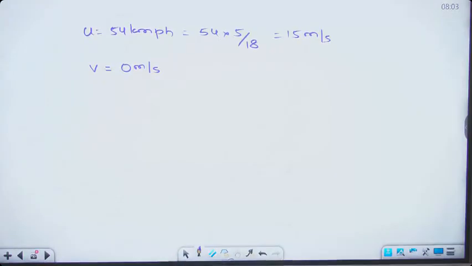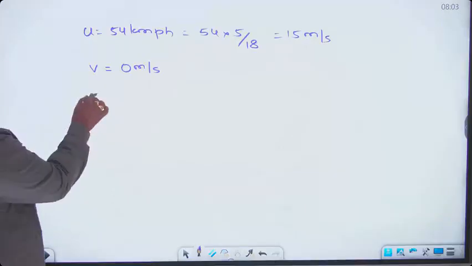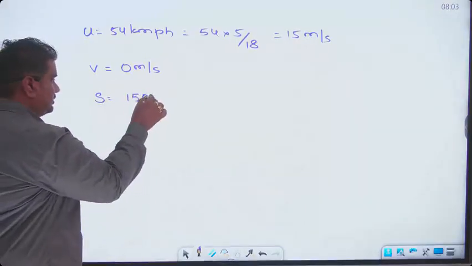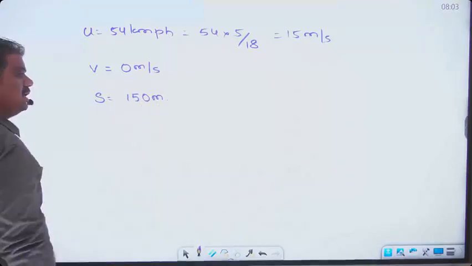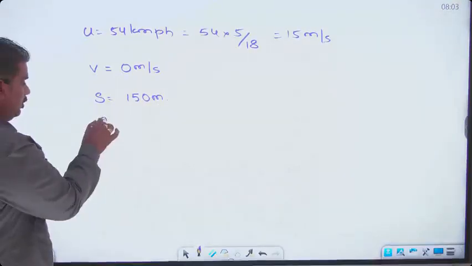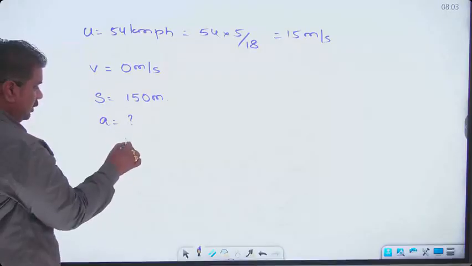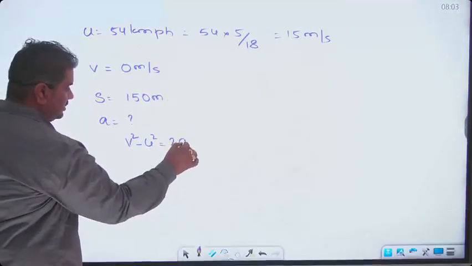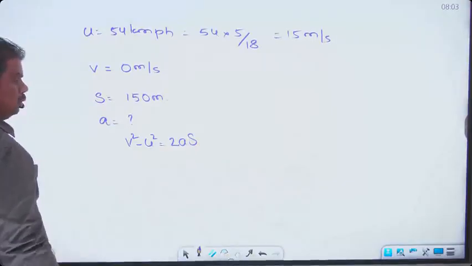So here, the distance covered is 150 meters, and the object has come to rest. Find the value of acceleration. v square minus u square equal to 2as.